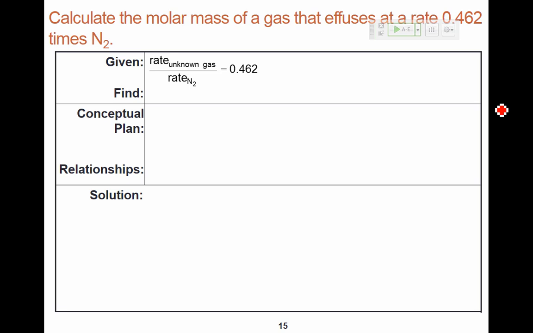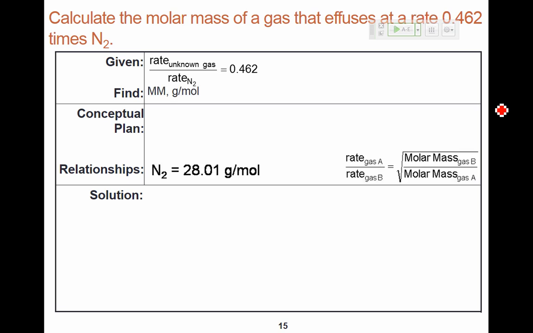And then our equation tells us that the rate of gas A, which is our unknown, divided by the rate of N2 is going to be equal to the square root of the molar mass of N2 over the molar mass of A. So we are looking for the molar mass of A. We don't need to know what the rate of gas A or the rate of gas B is, because we know that overall this term is 0.462.